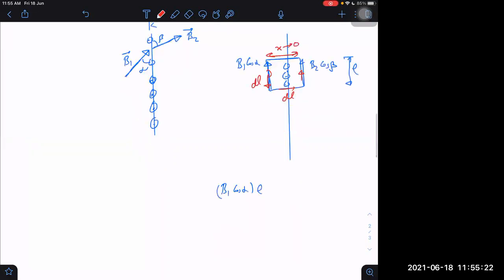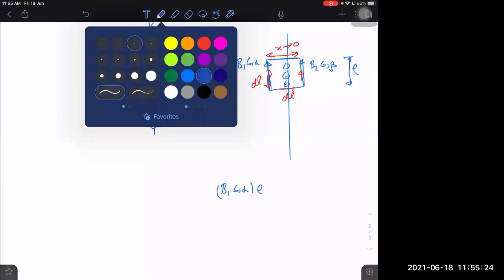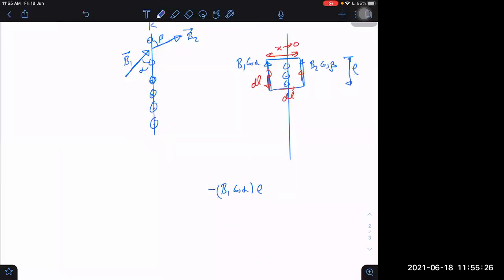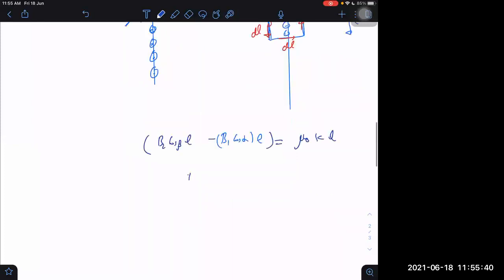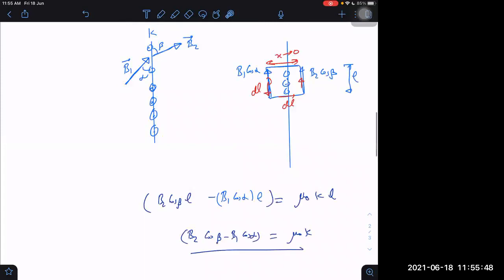Then we can write it as minus B1 cos alpha into L, and the other is B2 cos beta into L. This is equal to mu naught into current enclosed, which is equal to K into L. Can I get a relation between those two? B2 cos beta minus B1 cos alpha happens to be equal to mu naught into K. I said that I can get the relation between these two, and see, we have got the relation.